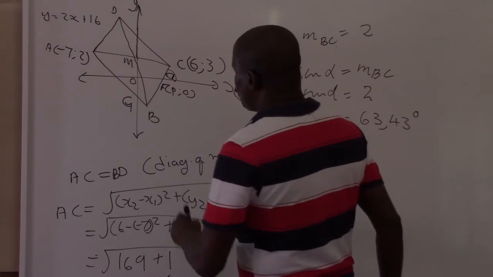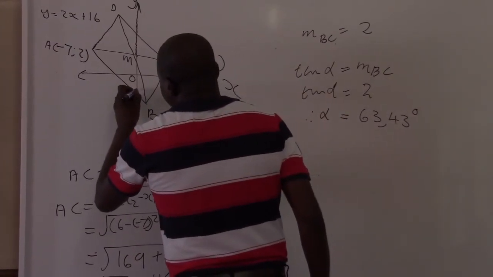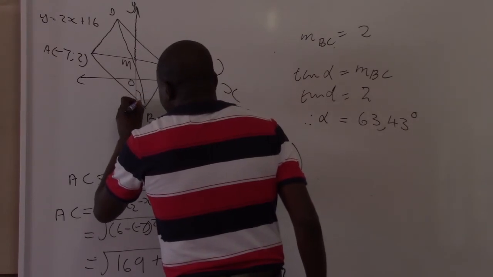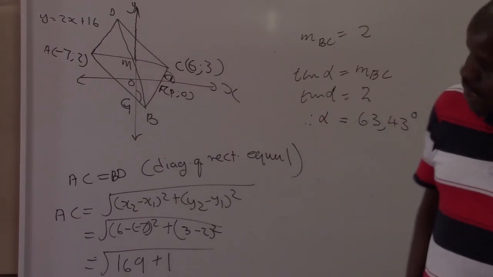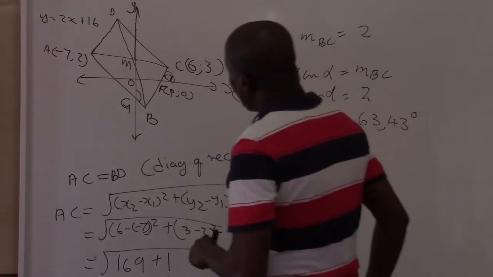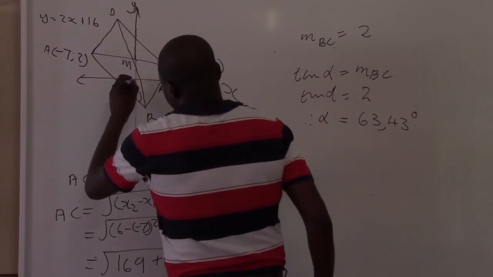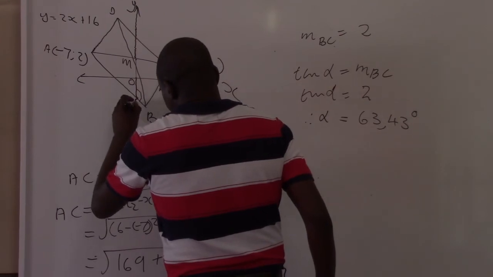OGB. So in short, they want us to calculate the size of this angle there, the size of OGB, which is the size of that angle there.